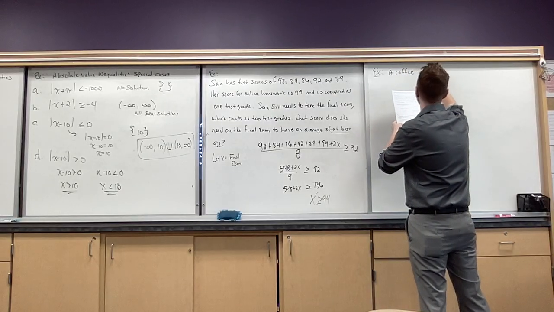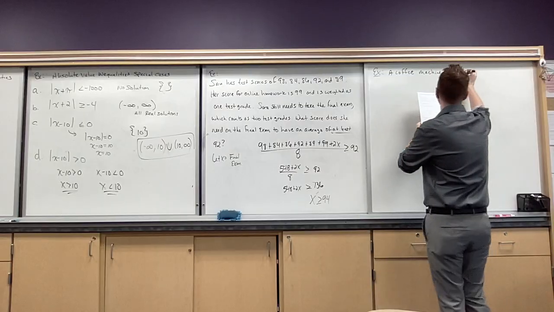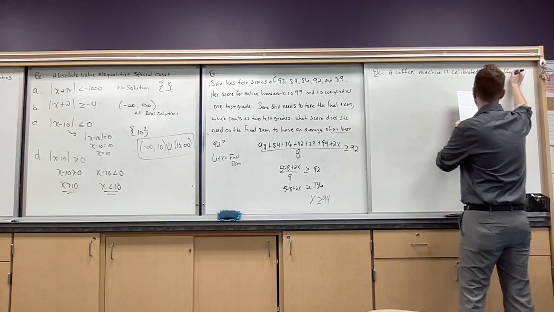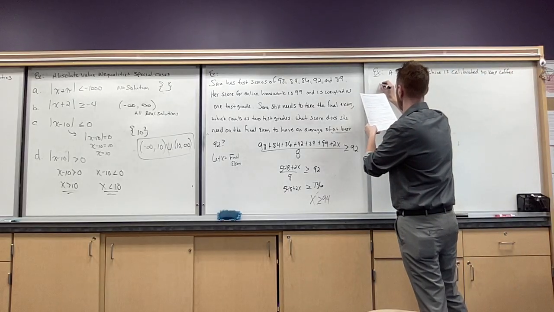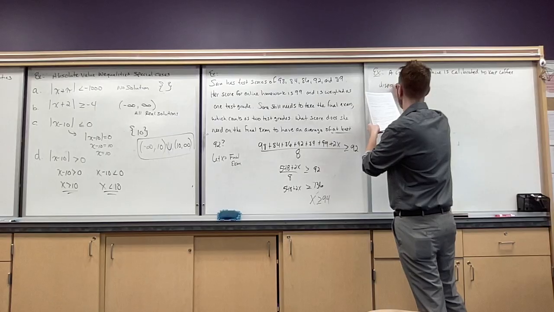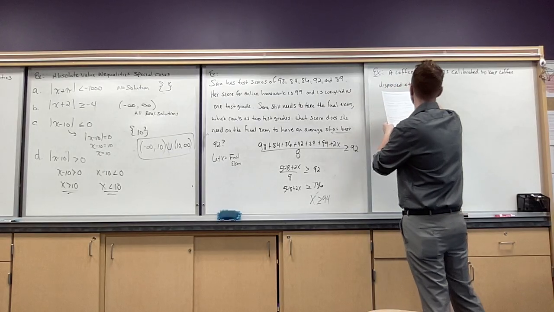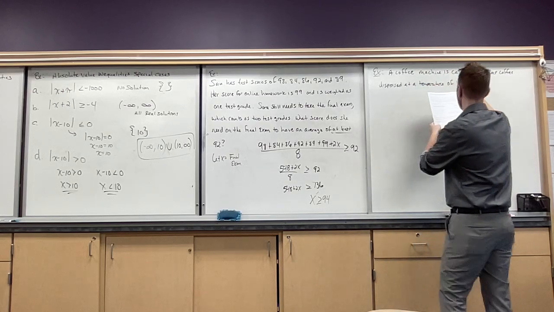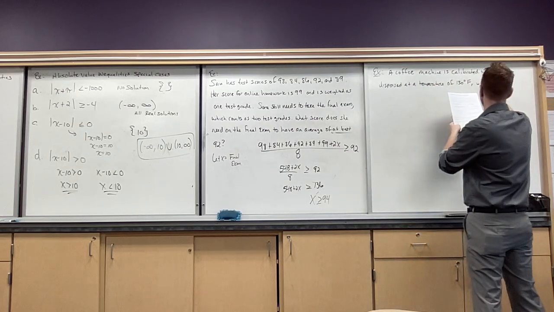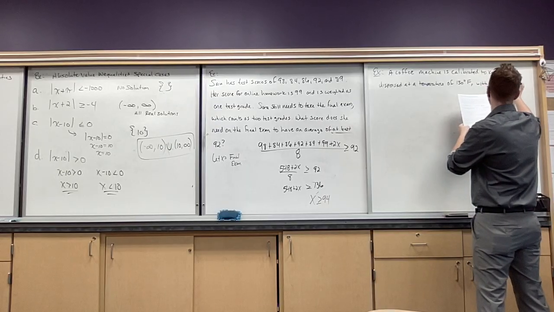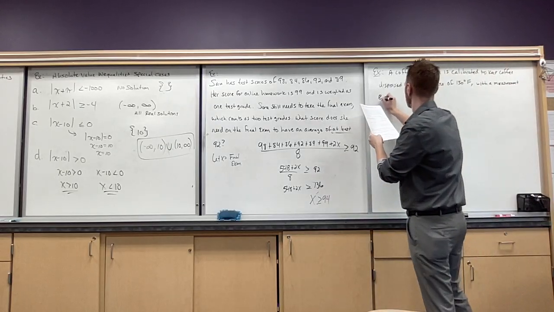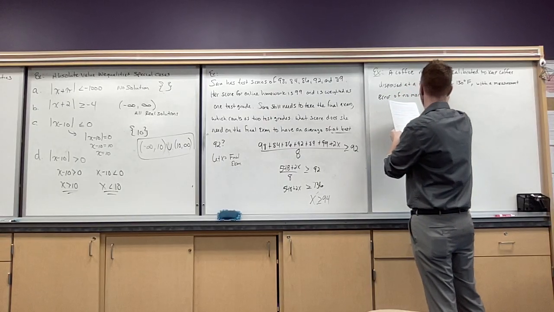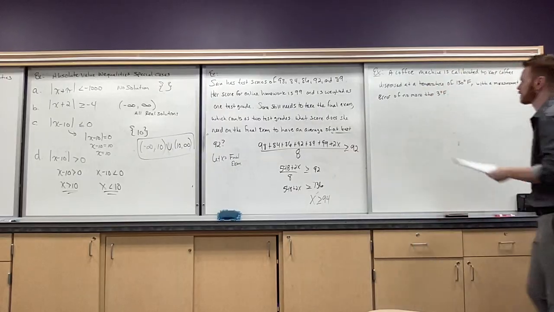A coffee machine is calibrated to keep coffee dispensed at a temperature of 130 degrees Fahrenheit with a measurement error of no more than 3 degrees Fahrenheit. Okay?